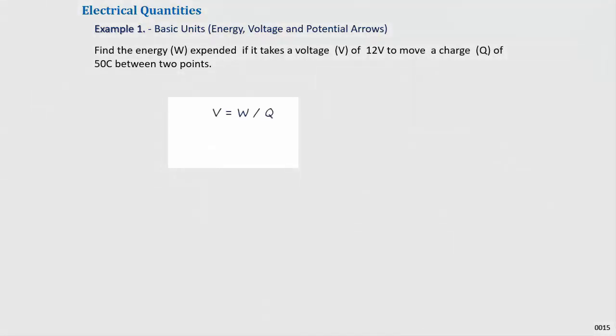We know that voltage V is equal to the energy expended W divided by the amount of charge separated, Q. In this example, the voltage was 12 volts and the amount of charge moved was 50 coulomb. Then using algebra, we make W the subject of the equation. So 12 times 50 gives an expended energy of 600 joules.